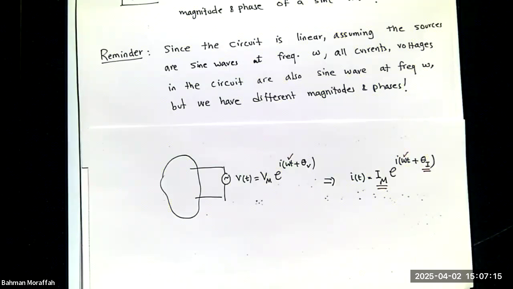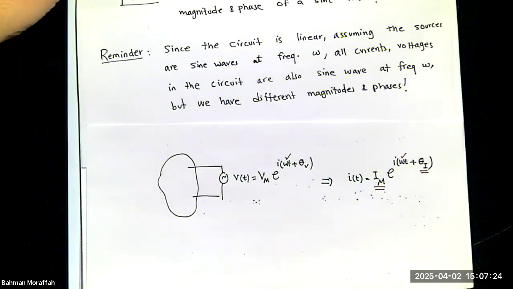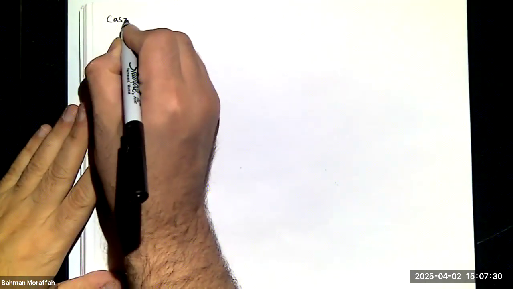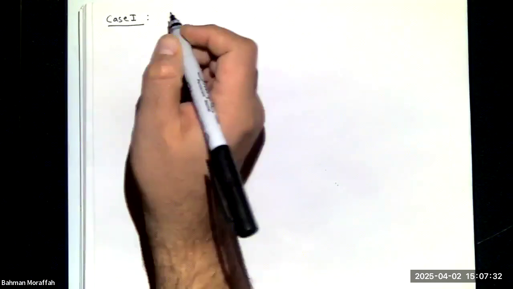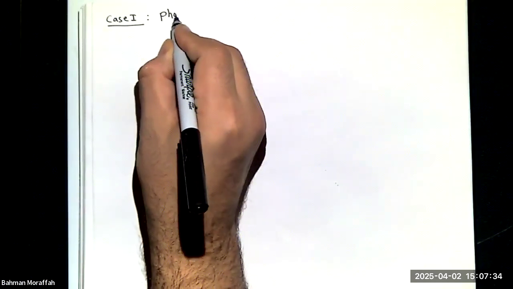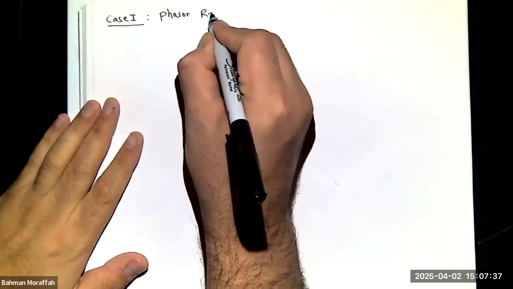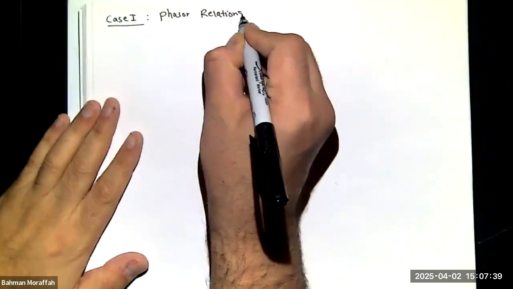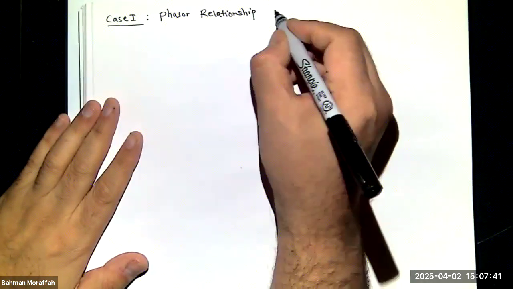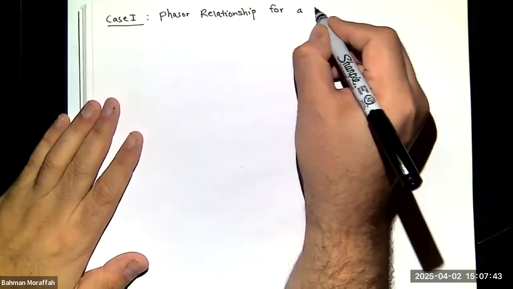The question is, is there such a relationship? Let's figure it out. Let's look at the first element that we're all familiar with, resistance. Case one, phasor relationship for the resistor.